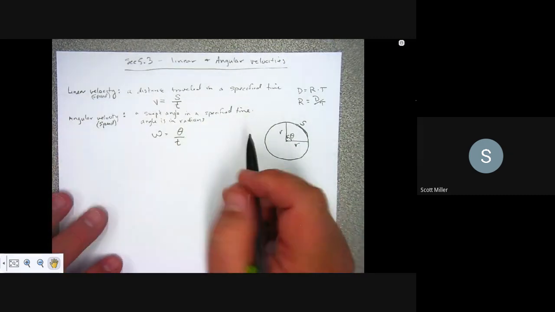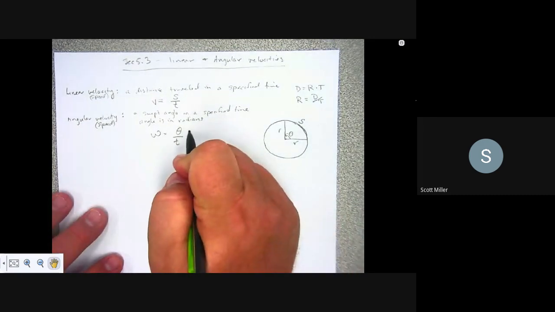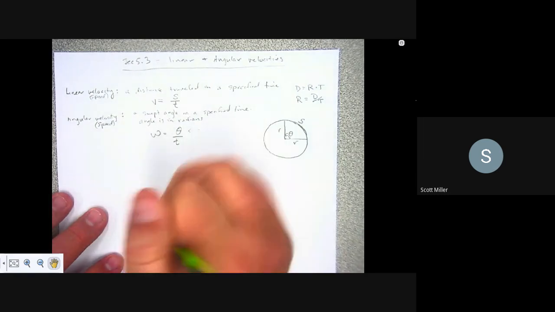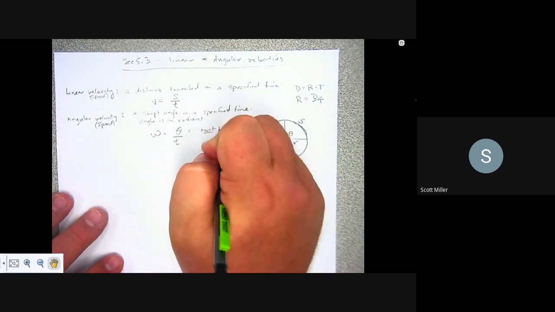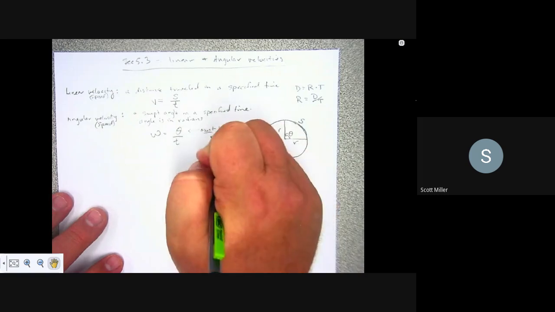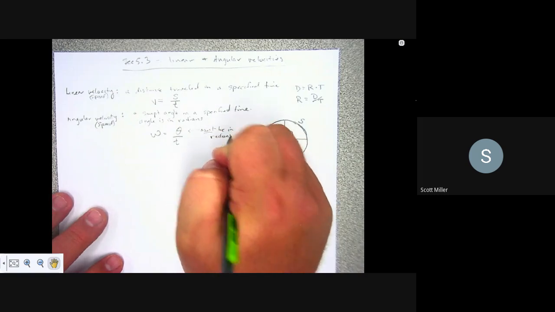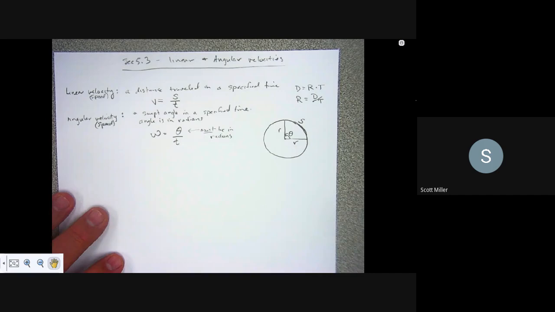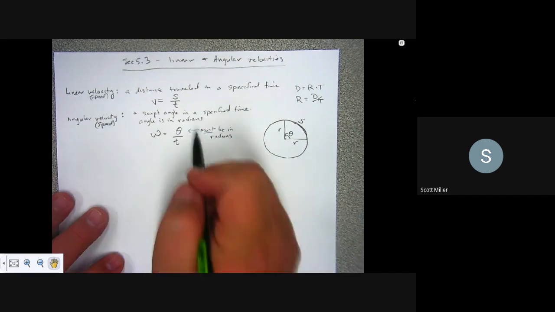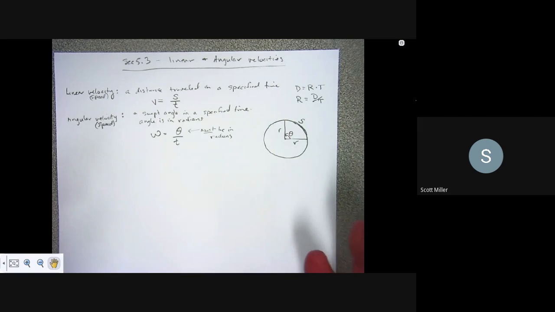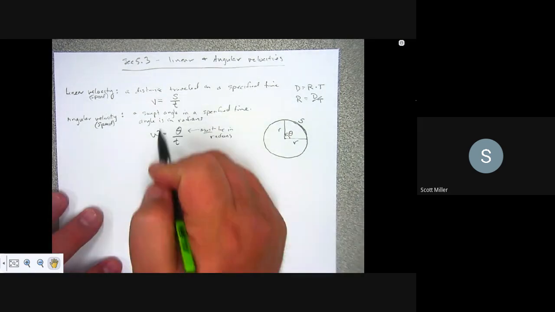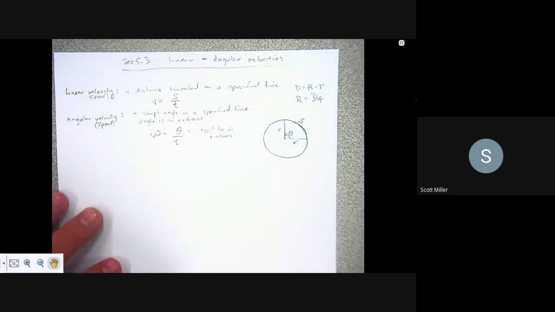Okay? And the thing that you have to keep in mind here, very, very important, that angle must be in radians. It cannot be in degrees, it must be in radians to use this notation. Okay? So we've talked about velocities, angular and linear. Let's make the big connections here. Let's bring it all the way together.